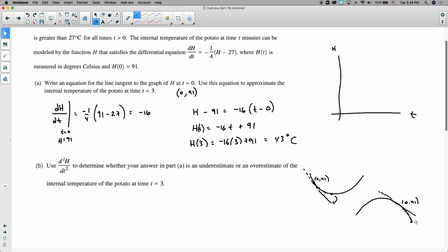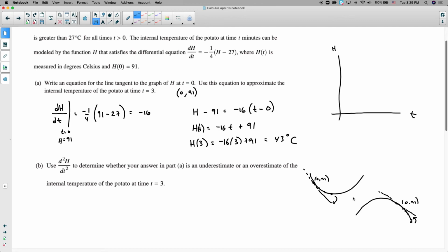And in this case, our value 43, which is up on the line, is above our actual value. So in which case, then we have an overestimate. So we need to determine the concavity. Okay, so concavity is dependent upon whether or not the second derivative is positive or negative at a particular point. So then let's investigate that part of things.